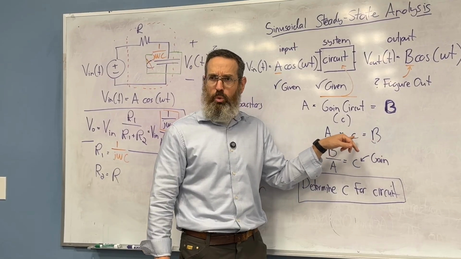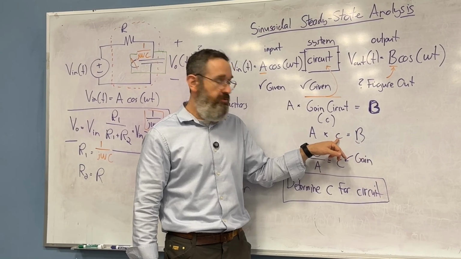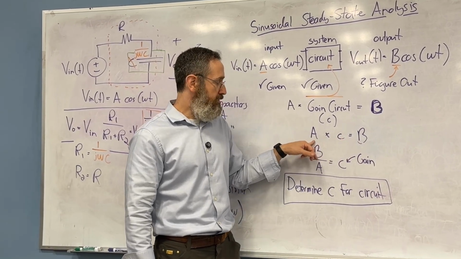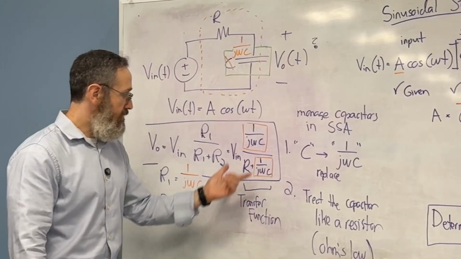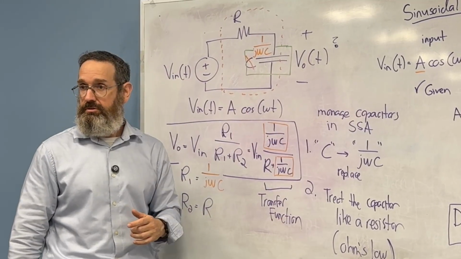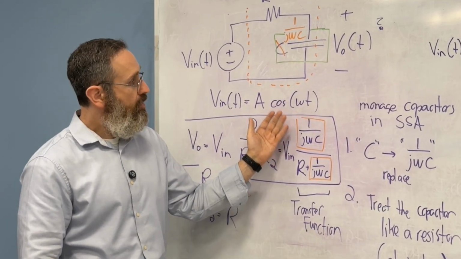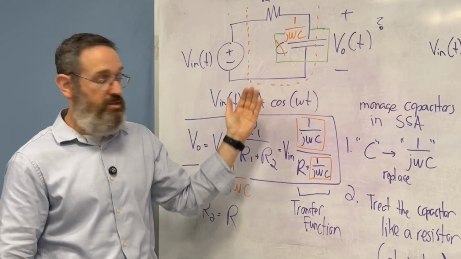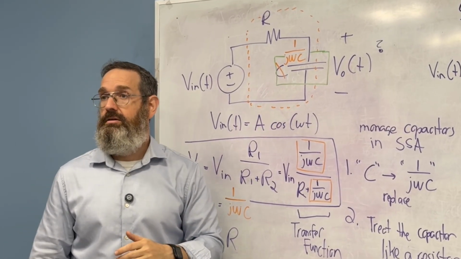So it's important. It's just a multiplication. So if I have the transfer function, I multiply it times the input, and I get the output, right? And so this is the transfer function. This here represents this circuit. This is the transfer function of the circuit, okay?